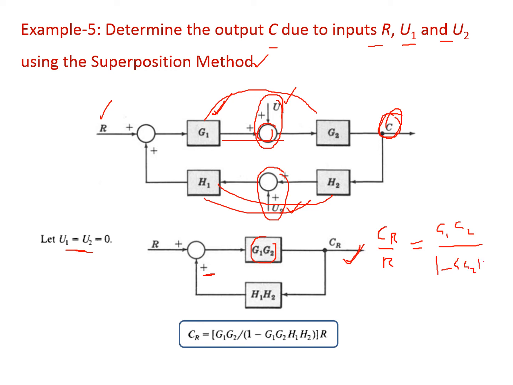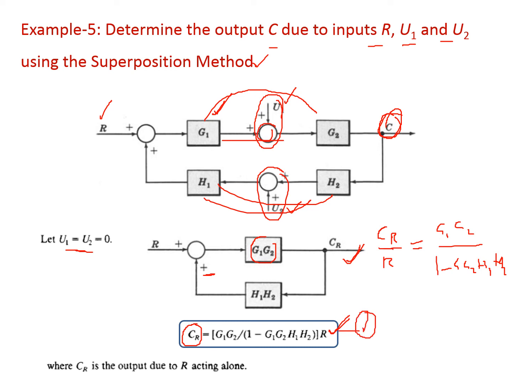This is the transfer function. By using this transfer function, we find CR, that is the output due to the input R only. Consider this as equation number 1.